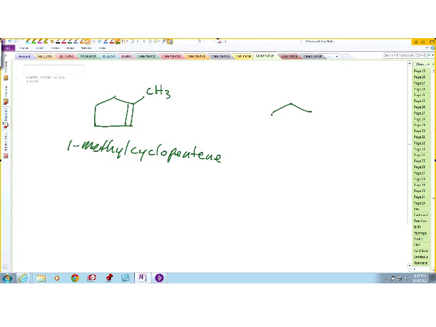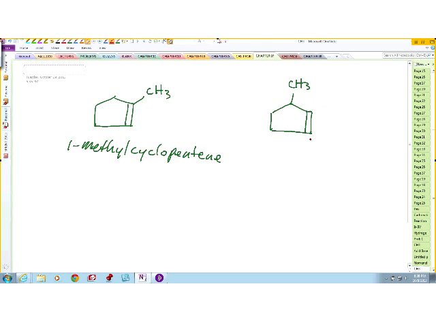Now, what if I have this? What are we going to call this? Where's the numbering here? Are you going to number from here to here?